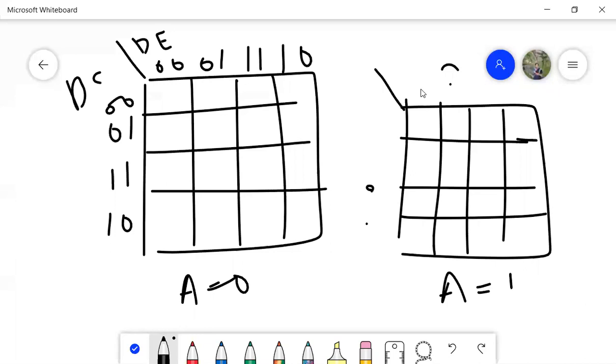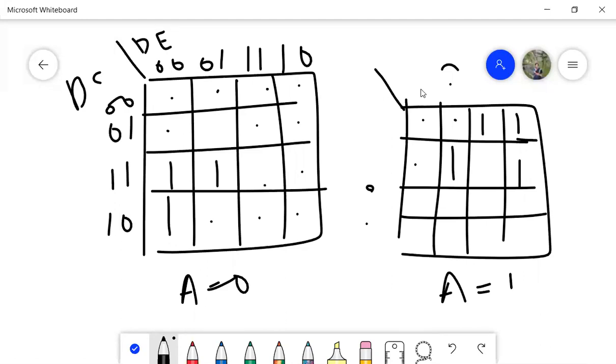So minterms: 0, 1, 2, 3, 4, 5, 6, 7. Then 8, 9, 10, 11, 12, 13, 14, 15 is not there. Next is 18: 16, 17, 18, 19, 20, 21, 22, 23 is not there.